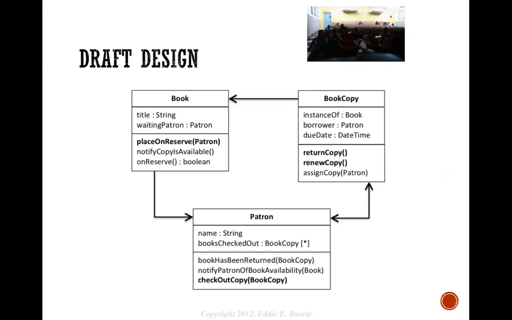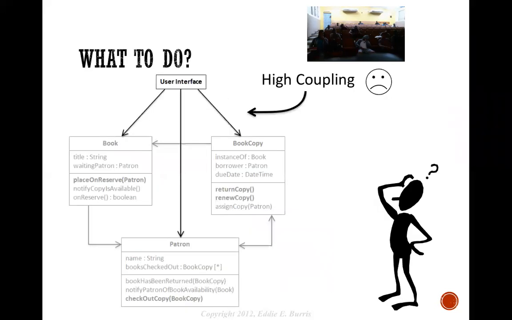That's actually a dependency on book copy. We also need to place a book on reserve, and that requires a copy of a patron. They need to instantiate a patron and pass it to that class and so on.